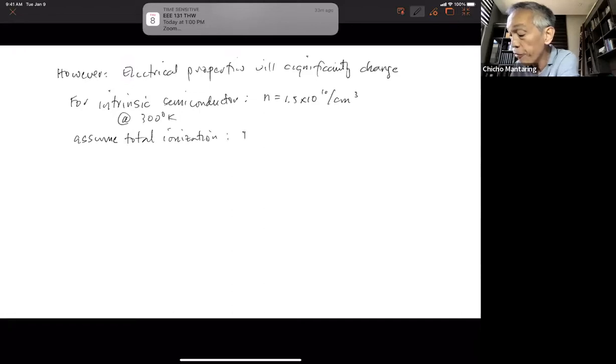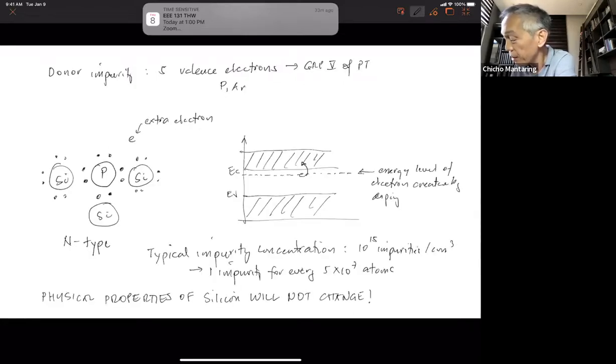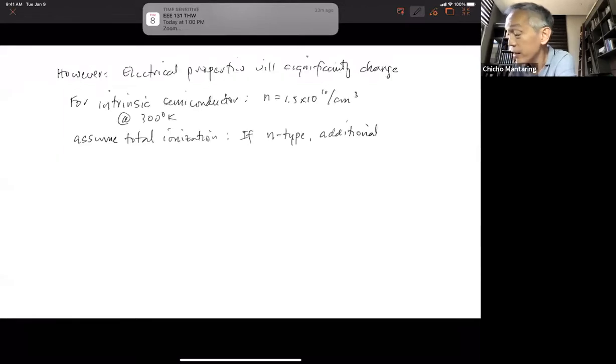Okay. If I have an N-type, that would give me an additional 10 to the 15 electrons per centimeter cubed. This is assuming that each impurity will create one free electron.